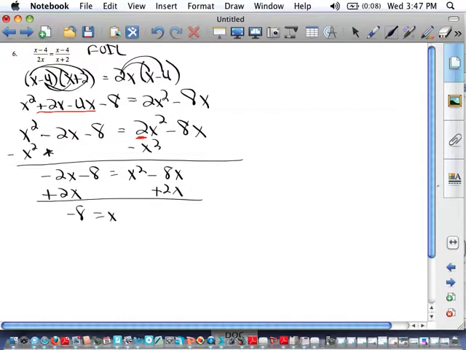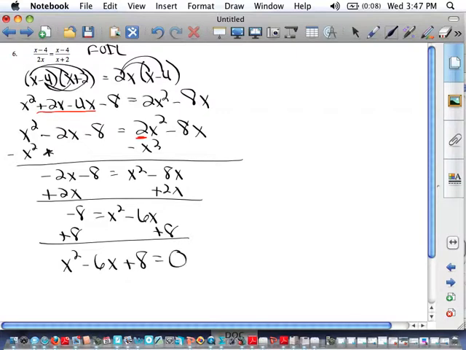Minus 8 equals x squared minus 6x, and then I'll add the 8 to both sides. So x squared minus 6x plus 8 equals 0. Again, you can do that all at once if you see it. If it's too confusing, take your time and write each step. So now I have x squared minus 6x plus 8 equals 0.